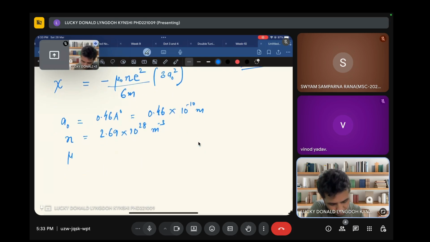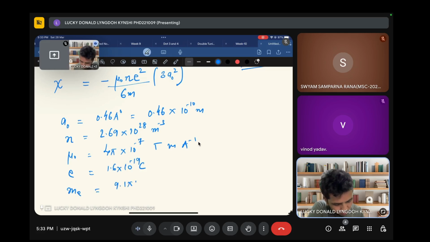Mu naught in SI unit is equal to 4 pi into 10 to the power minus 7. And finally you have e is equal to 1.6 into 10 to the power minus of 19 coulomb, and m e you can use 9.1 into 10 to the power minus of 31 kg.